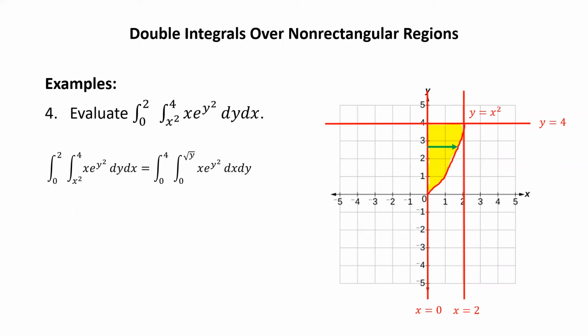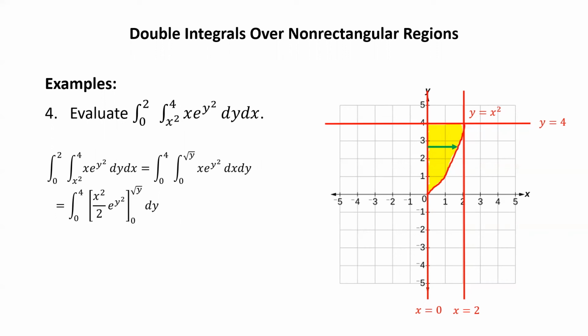And we see that y is going from the horizontal line y equals 0 to the horizontal line y equals 4. And x is going from x equals 0 to the right until we hit y equals x squared, which we have to rewrite in terms of x as x equals the square root of y. Notice it's the positive square root because it's to the right of the y-axis.